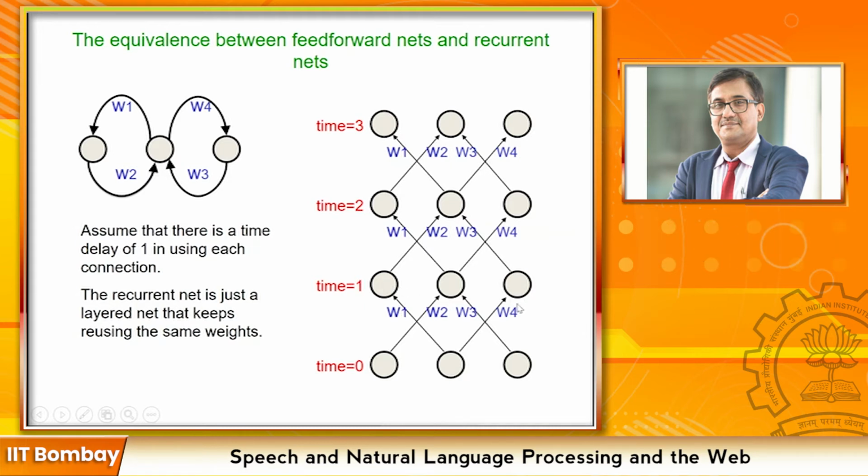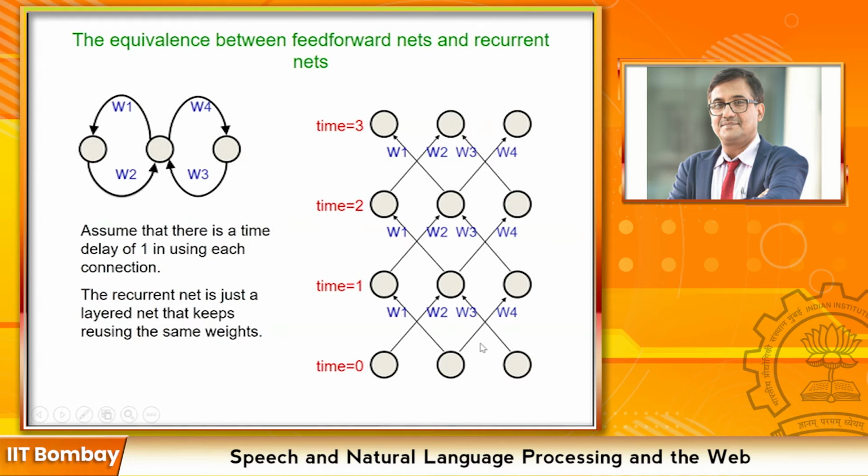Since the connections are from first to second in terms of W2, and then second to you have W1 and W4, so these two arrows, and the third neuron feeds into the second neuron as W3.